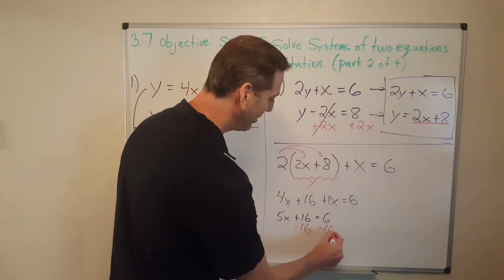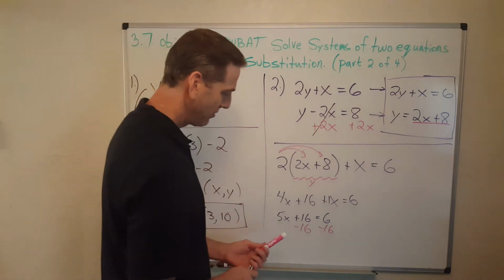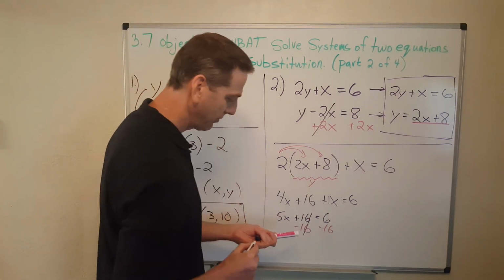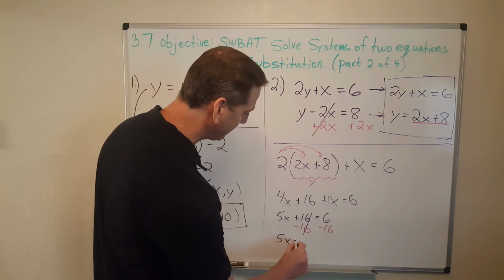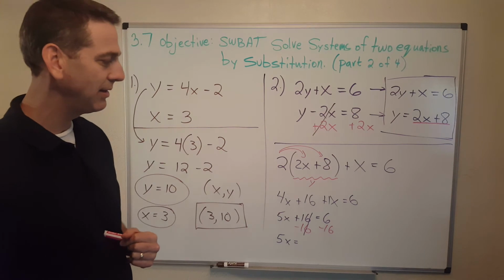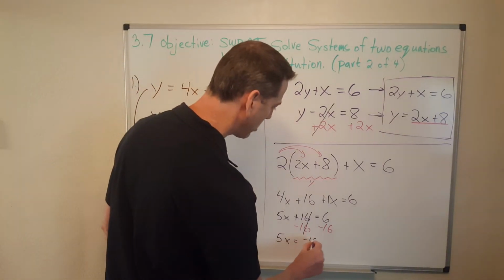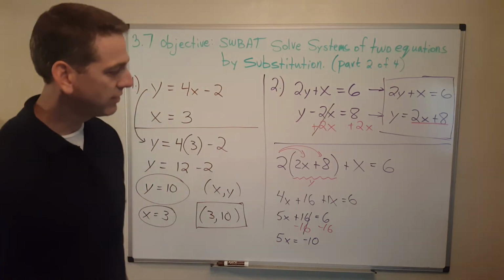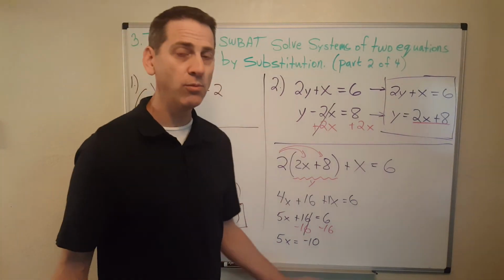But I just have to do that to the other side too. Okay? So that cancels. And I'm left with 5x equals 6 minus 16. What is that? Negative 10? Negative 10.